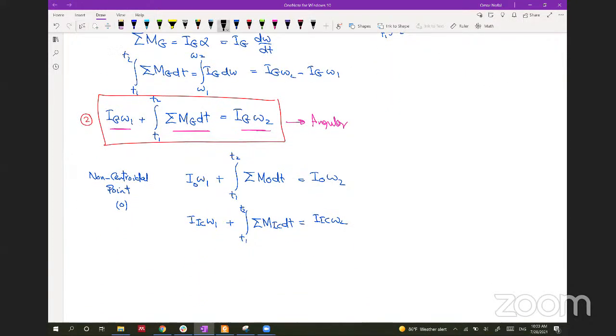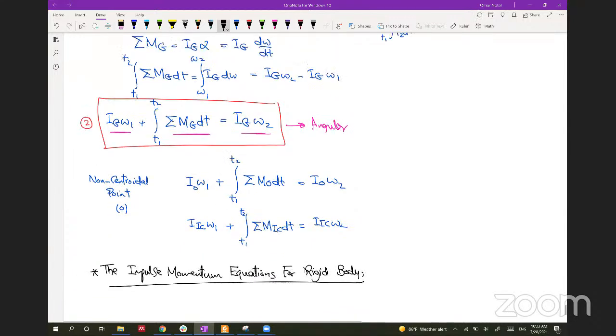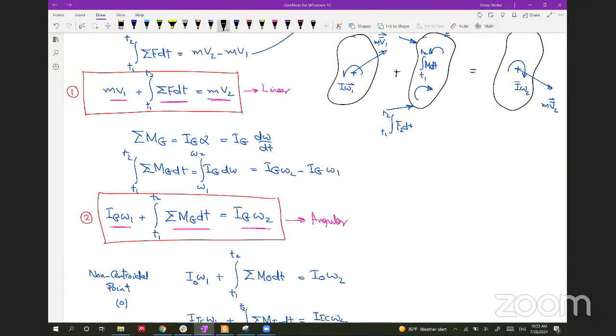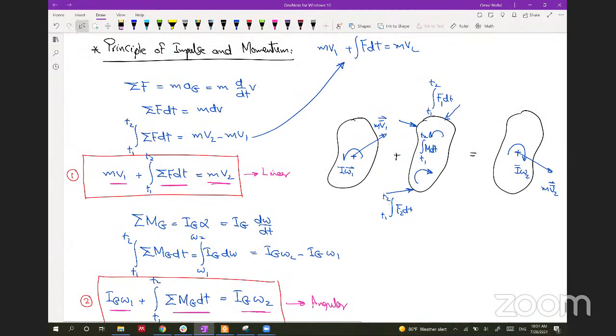So let's put here the impulse momentum equations for a rigid body. As we know, this equation is a vector equation, so we will have the v vector, the f vector, and the v2 vector.